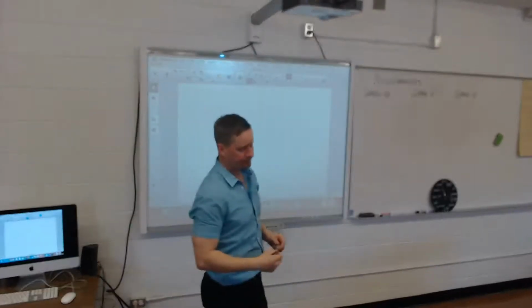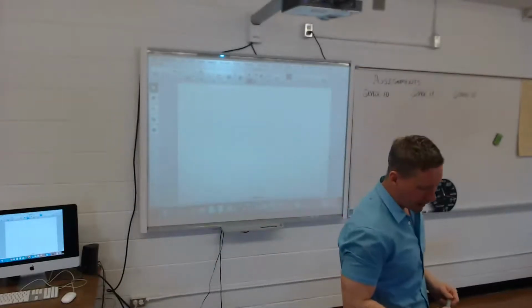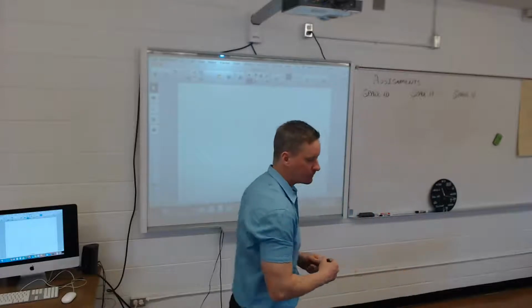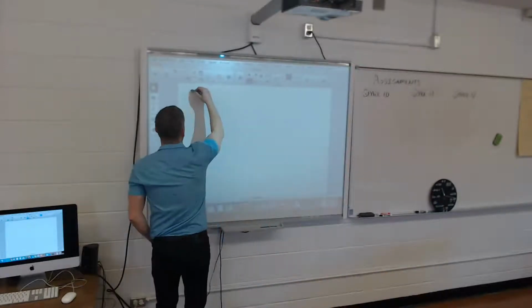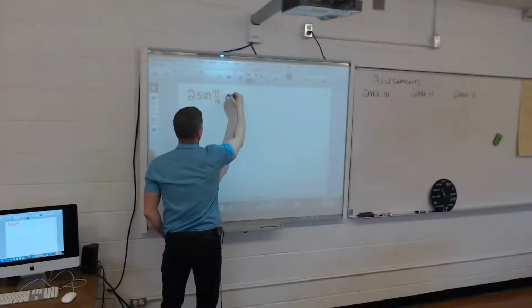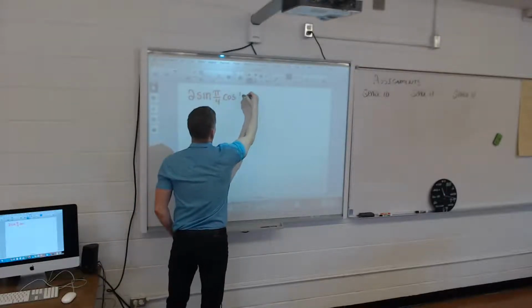So it says, simplify, then give an exact value for each expression. So I have 2 sine pi over 4 cos pi over 4.